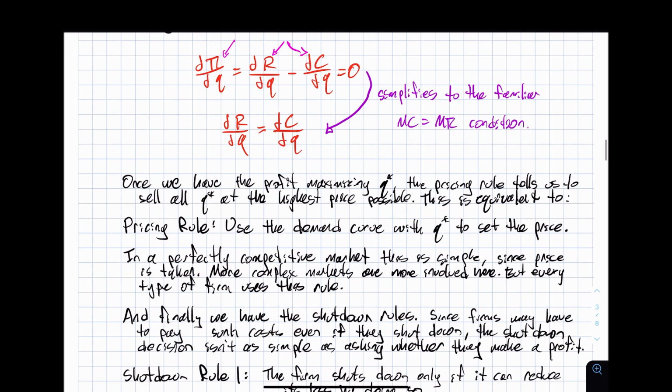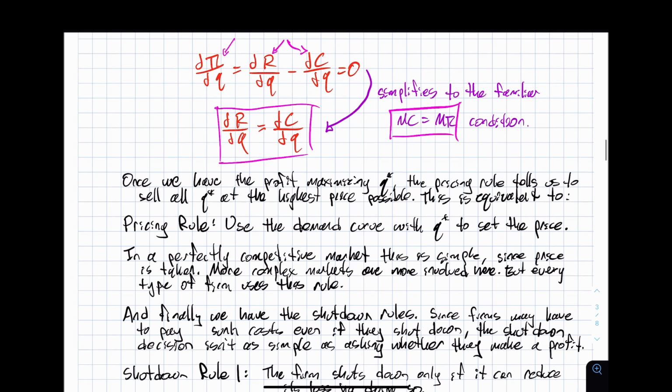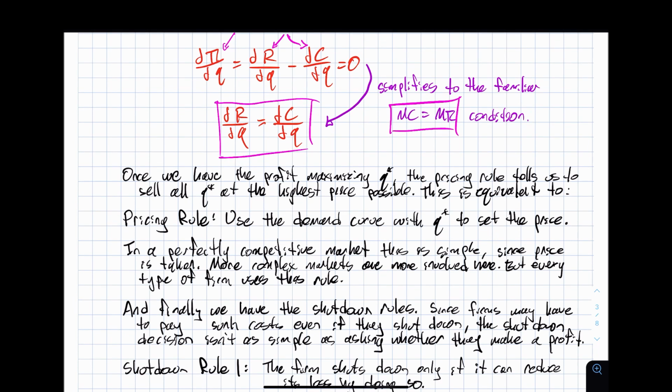And that gives us this relationship, which you might have seen before, that MR is equal to MC. Okay, so this is the point at which we choose our profit maximizing quantity, Q star.